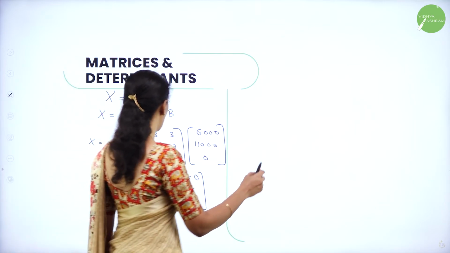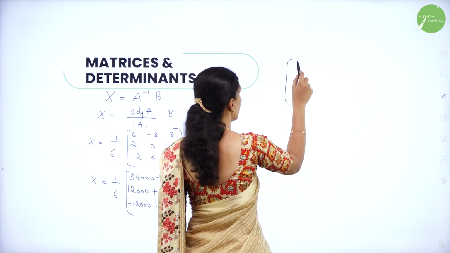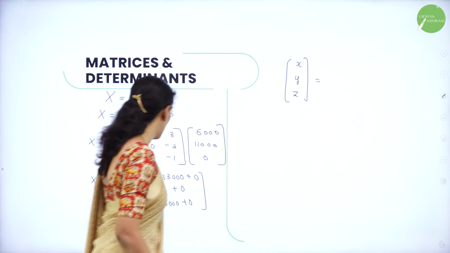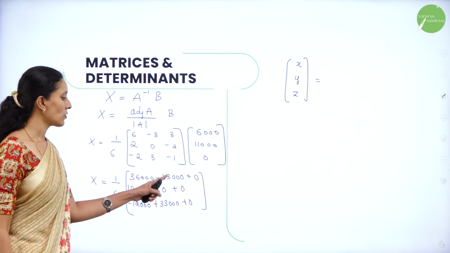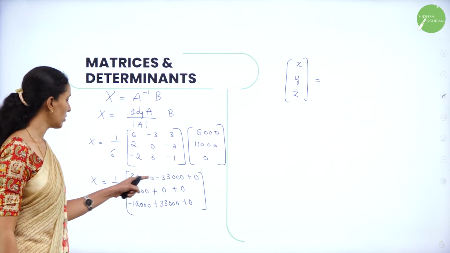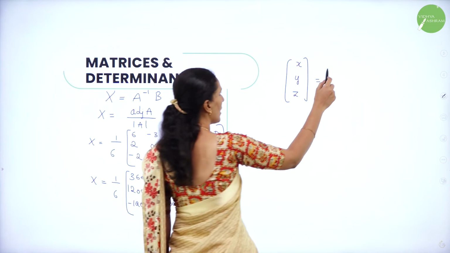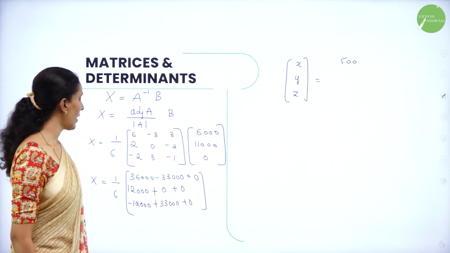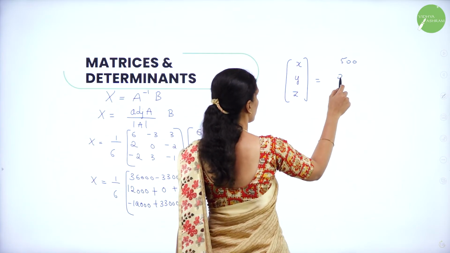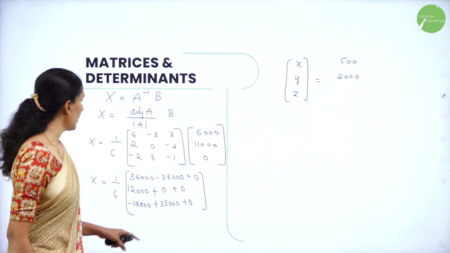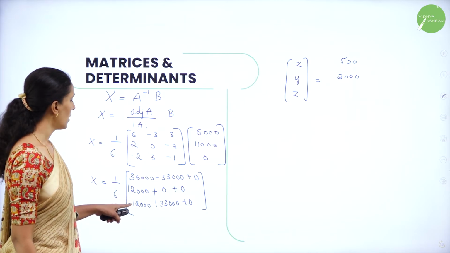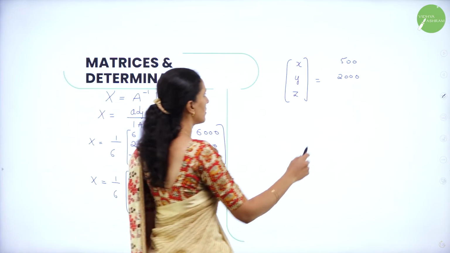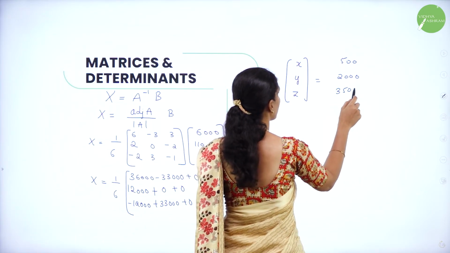So we get x, y, z is equal to. So we have here 36,000 minus 33,000, 3,000. 3,000 divided by 6, we will get it as 500. Next we have 12,000 divided by 6, which is 2,000. Next we have 33,000 minus 12,000, which is 21,000 divided by 6, which becomes 3,500.